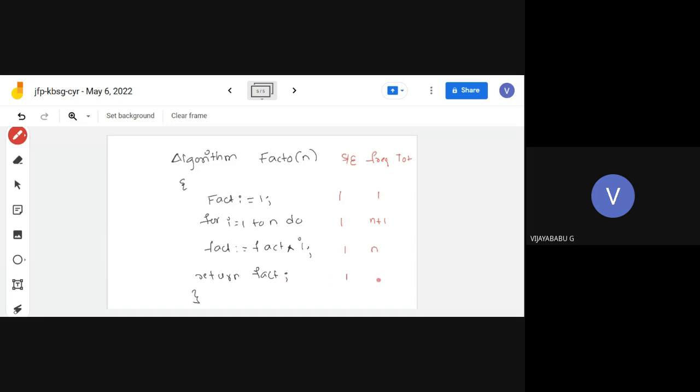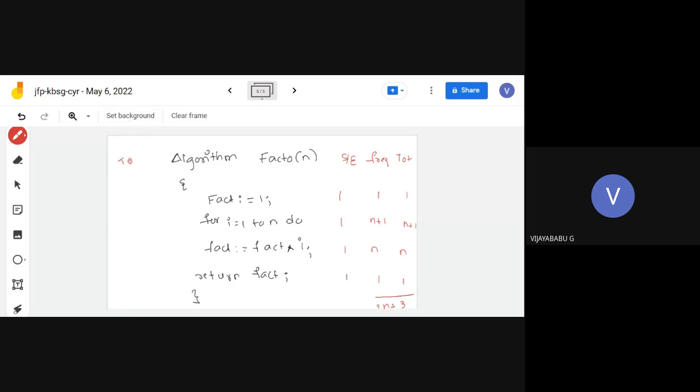And finally, this one step is going to be executed one time. So the total is 1 into 1, 1 into n plus 1, 1 into n, and 1 into 1. We find the total of this one: 2n plus 3.